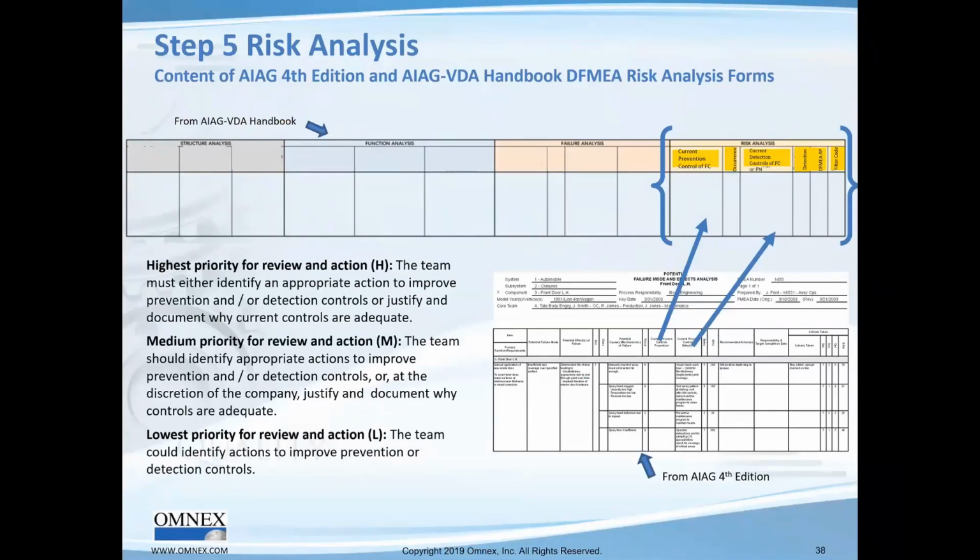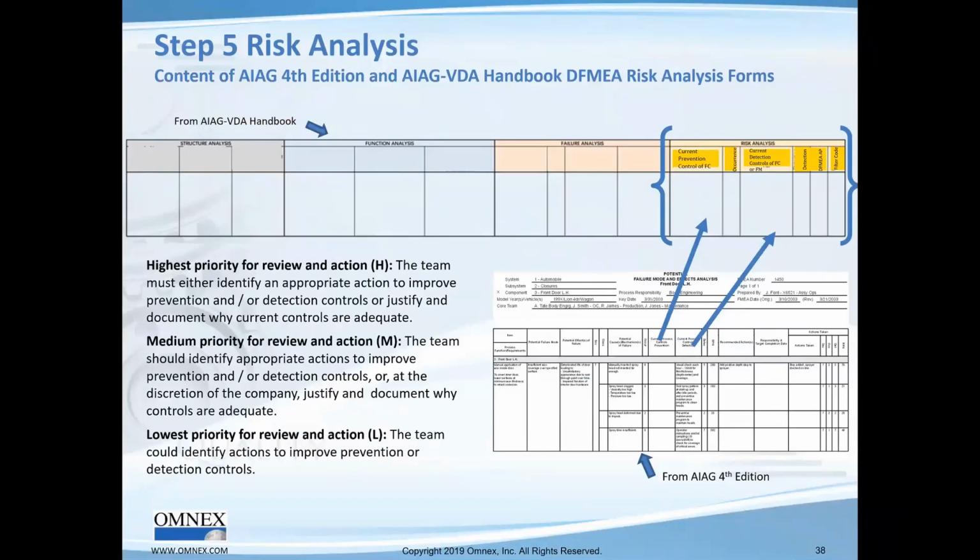Folks, if you improve prevention or detection controls, you change the occurrence number and you change the detection number. That's why they're looking at prevention and detection as the only actions you can take. As you all know, severity is by design. So if you don't change the design, you can't change the severity.